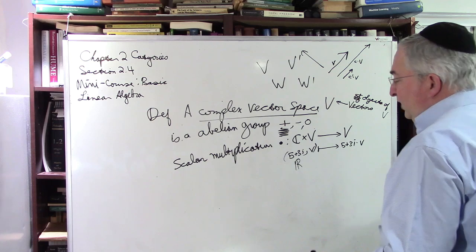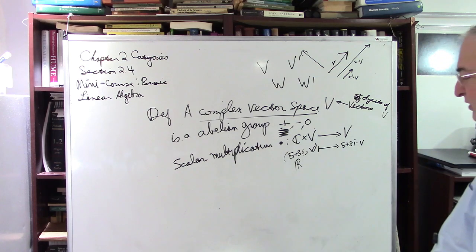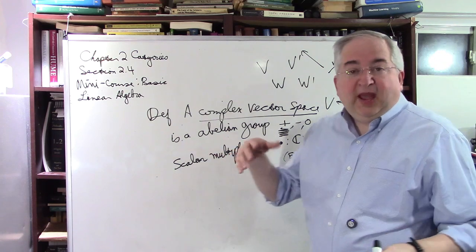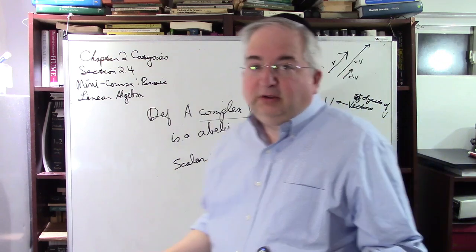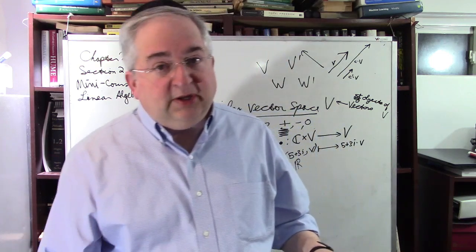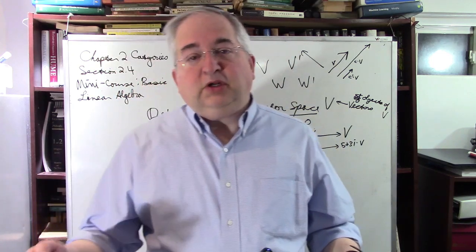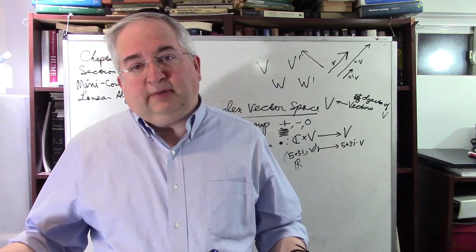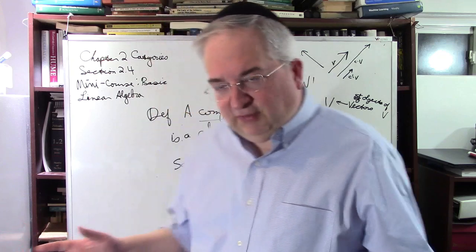If the number's less than 1, you're shrinking it. That's what we're doing. You could talk about any type of vector space for any field. We're not going to talk about real vector spaces, although you might have seen some of that in linear algebra. We're going to talk about complex vector spaces simply because this is what we're going to need later on. Okay, so it really doesn't make a difference, etc.